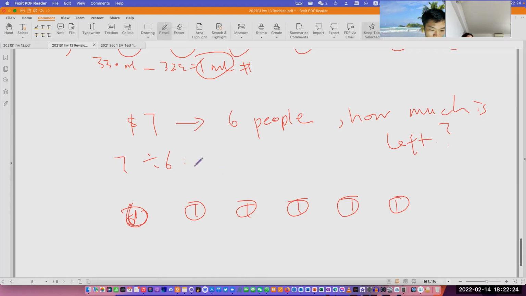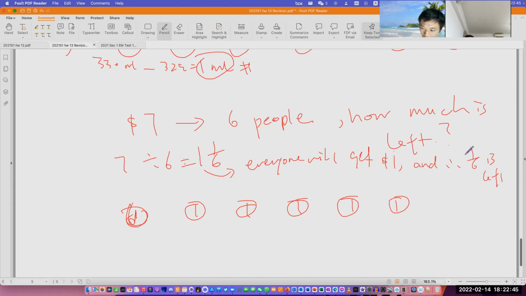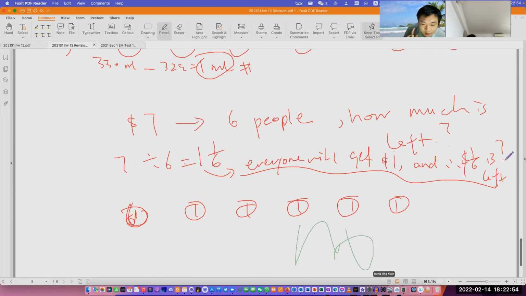When you use your calculator, you will end up with 1 and 1/6. Then probably you think everyone will get $1, and therefore 1/6 is left. By the way, is this statement correct or not? No, this statement is not right.